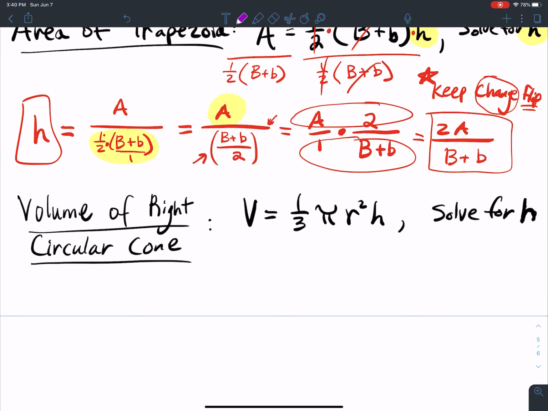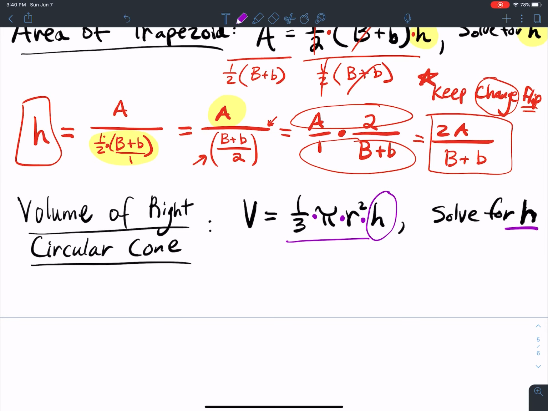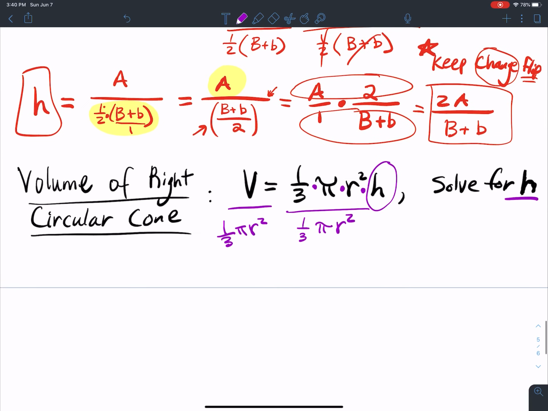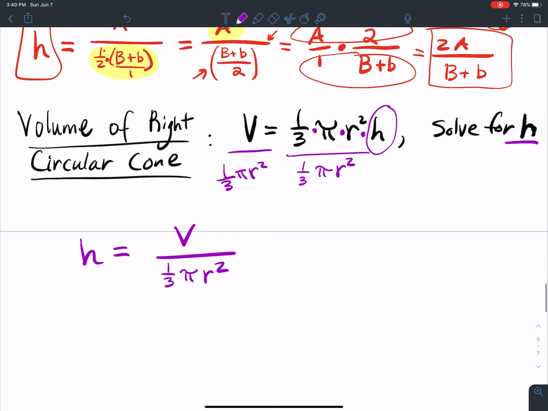Now, the volume of a right circular cone. I want to solve for H. The first thing I do is circle the letter I want to get by itself. What's holding this all together? It's multiplication, so I'm going to divide everything through by 1/3 pi r squared on both sides. So H is equal to V divided by 1/3 pi r squared. Once again we've got a fraction and a fraction.